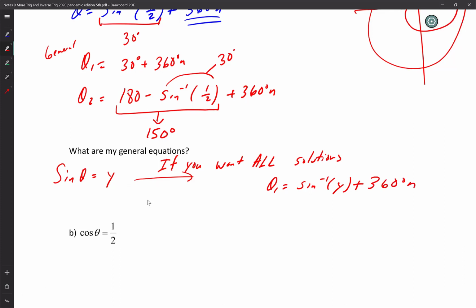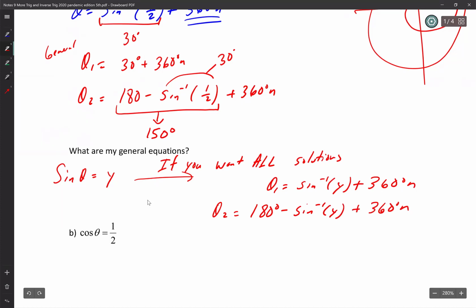And then theta 2, you're going to do 180 minus arc sine of y, and then whatever that is, you're going to keep adding a revolution, where n is an integer. Did that make sense to you guys?